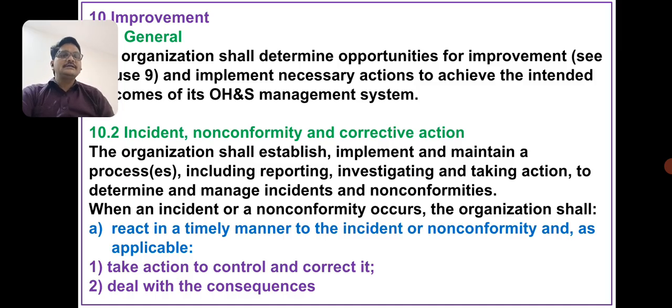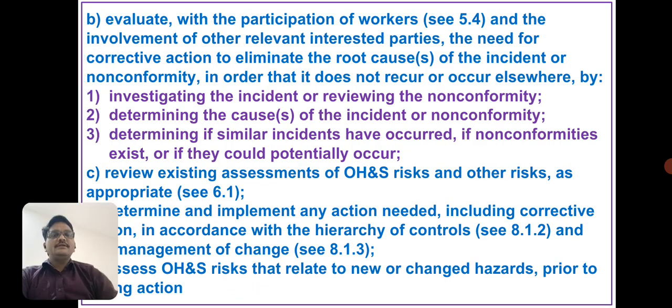For this, take action to control and correct it, deal with consequences and evaluate with the participation of worker and involvement of other relevant interested party the needs for corrective action to eliminate the root causes of incident or non-conformity in order that these do not reoccur or occur elsewhere.